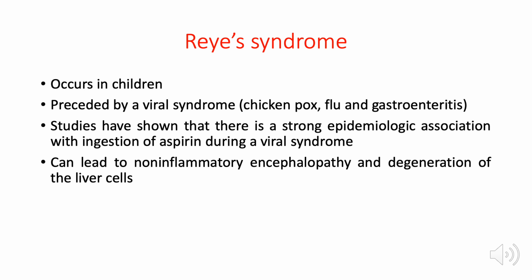Why? Because the liver cells are already dying. They cannot anymore detoxify ammonia to urea, and ammonia is a known neurotoxic chemical. So these children will really have encephalopathy, and it is also accompanied by degeneration of liver cells.